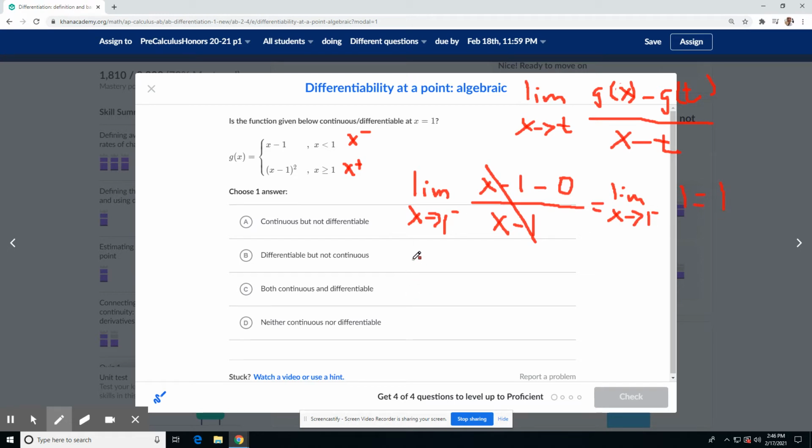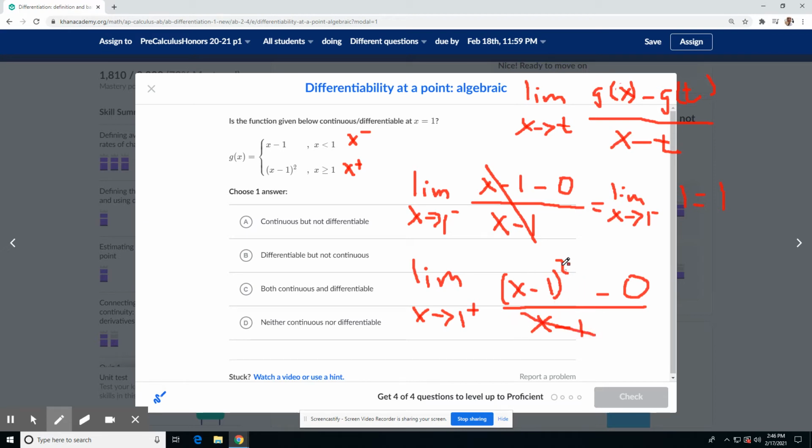Okay, let's go ahead and do the other one. The limit as x goes to 1 from the positive side. Our g sub x function is x minus 1 quantity squared, minus 0, when we plug it in. Maybe I shouldn't erase it so quick next time. And x minus 1 on the bottom. So it reduces out by 1.